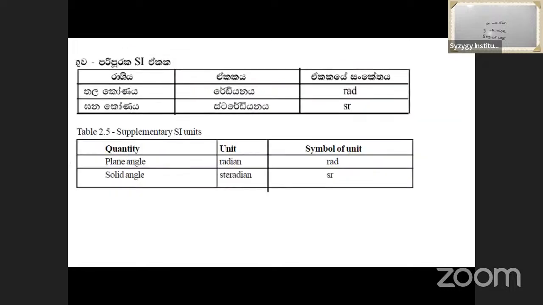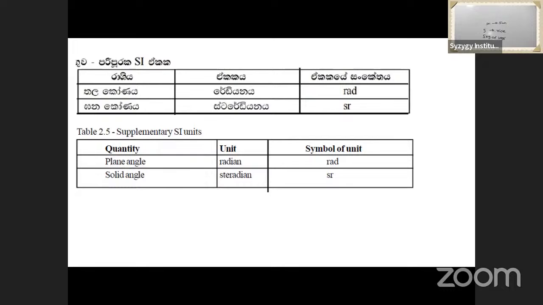Now, in addition to the basic units, we have two supplementary SI units, right? Why are we taking supplements? As in foods, normally we are taking main meals, no?